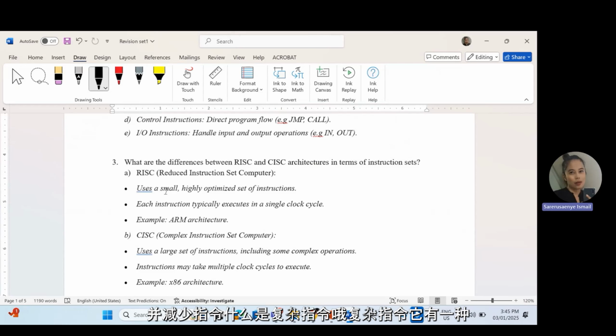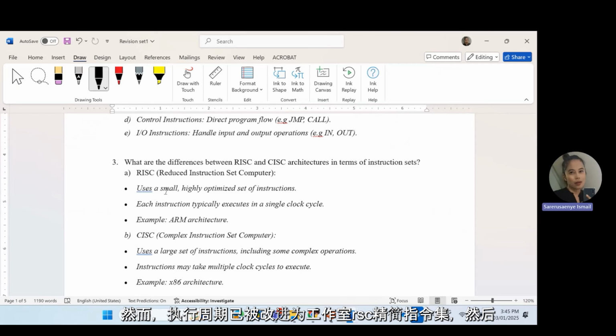Complex instruction has a huge number of instruction sets, which are difficult to understand and to be designed by the programmer. So definitely they have complex operations, which affect the process of execution, and it's going to take multiple clock cycles to execute.